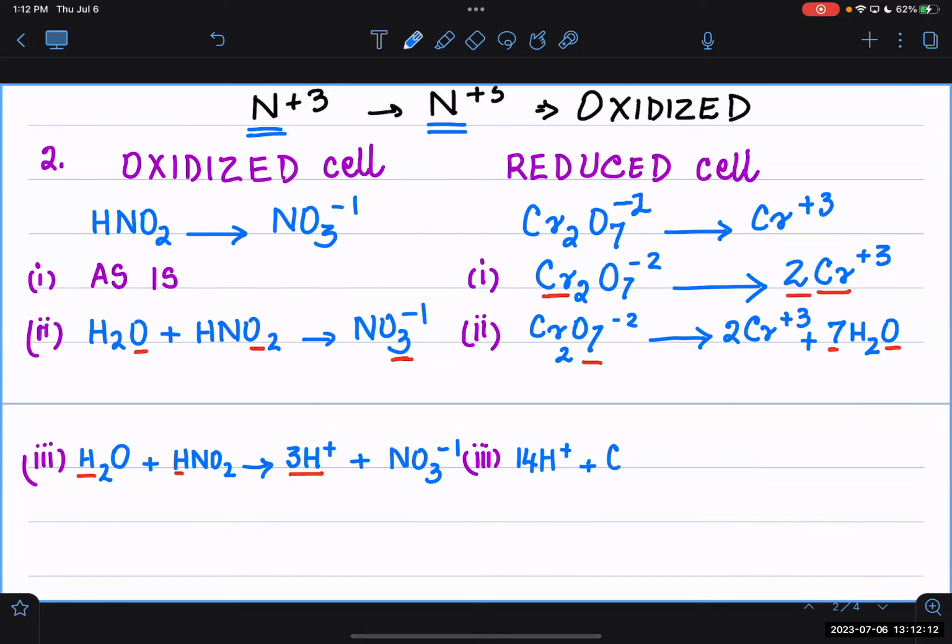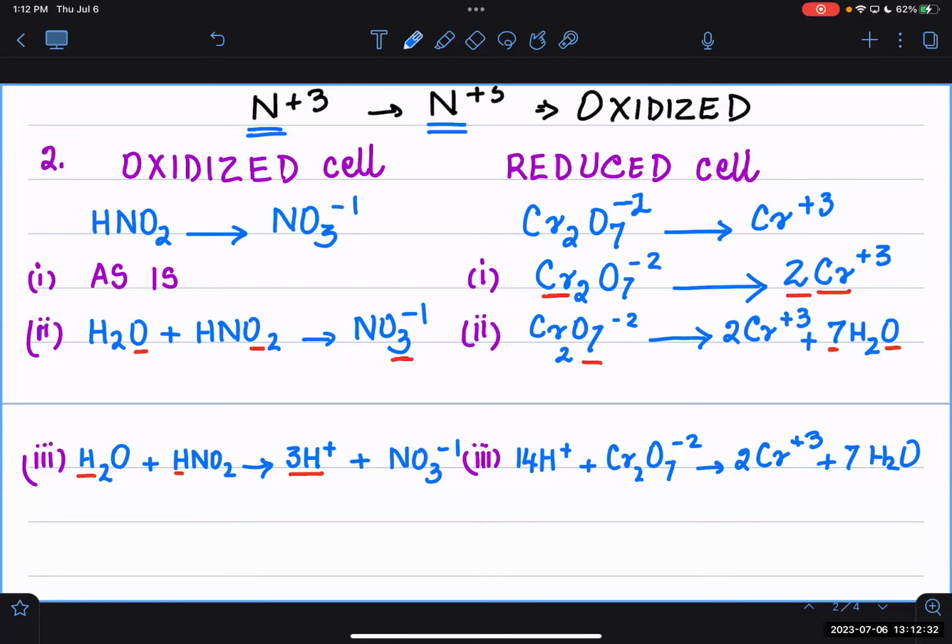Plus Cr2O7 minus 2 gives you 2, not 3, 2 Cr plus 3 plus 7 H2O.